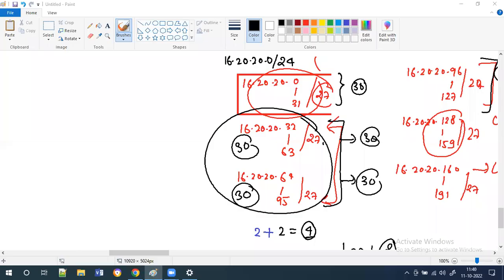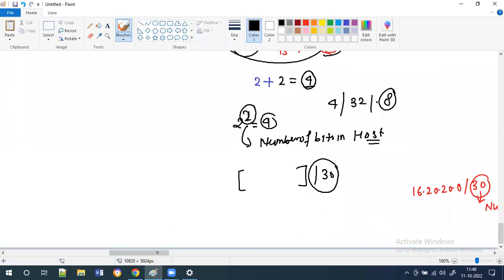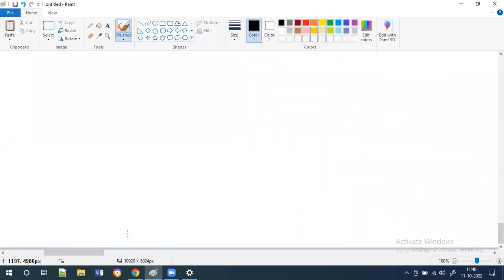Host point of view. If you remember the first subnetting class, we discussed subnetting from the host point of view, and the network point of view.